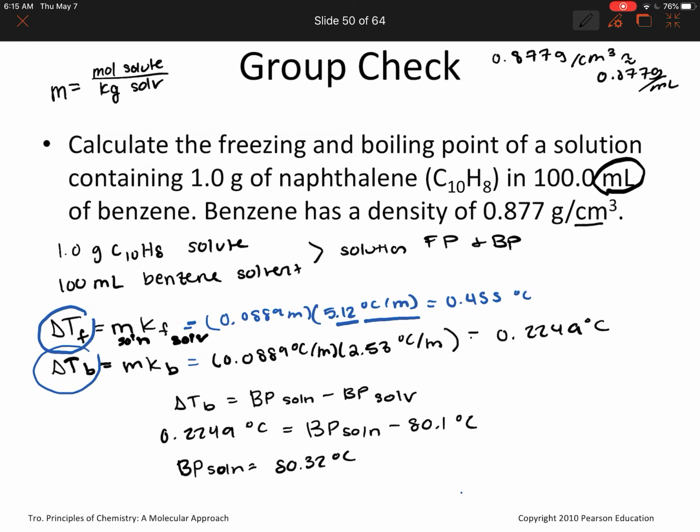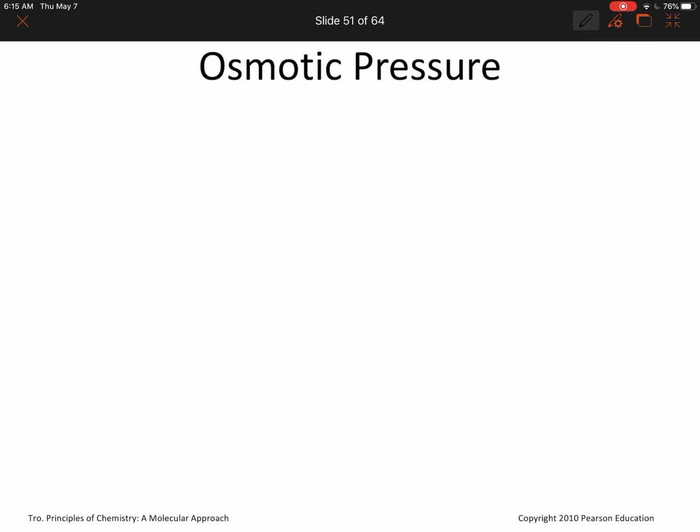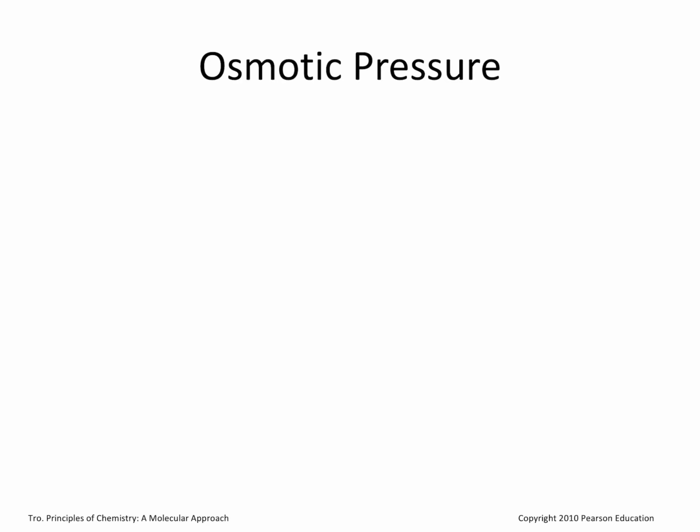So then my boiling point of my solution will be plus 80.1, 80.32. Now, does this conceptually make sense? Yes, the boiling point of the solution is a little bit higher than the boiling point of the solvent. Again, it doesn't have to be a significant change, but it is elevated from what it was on its own.